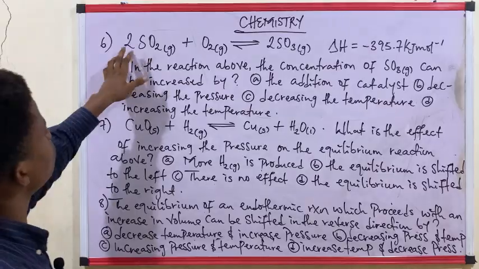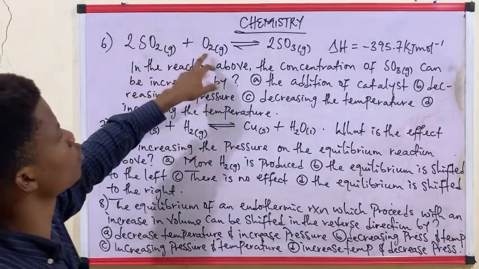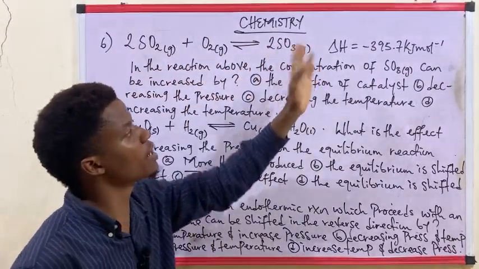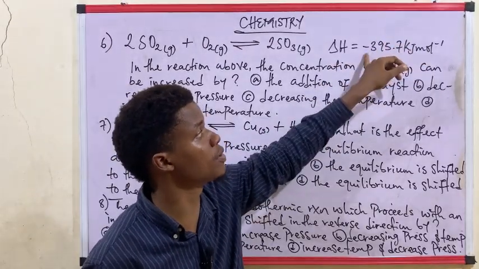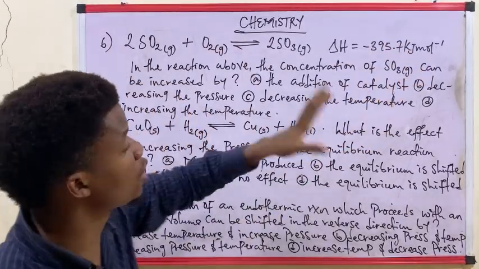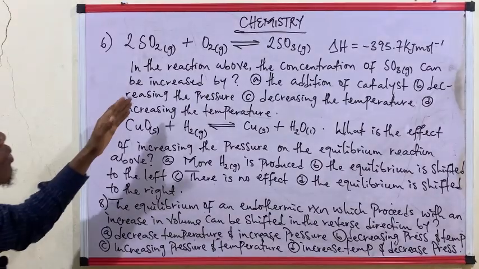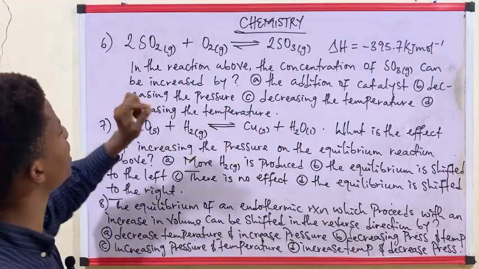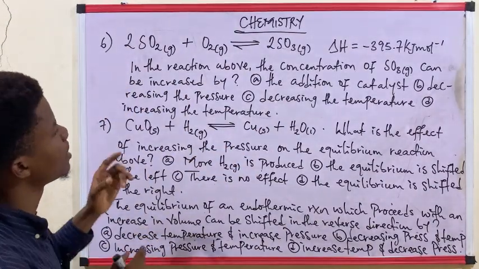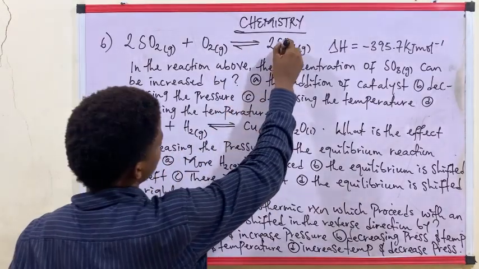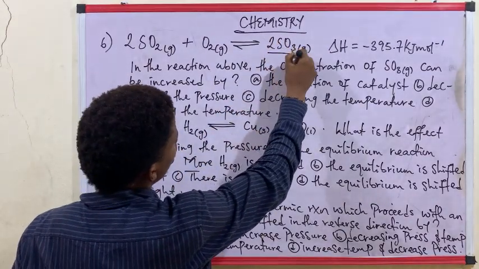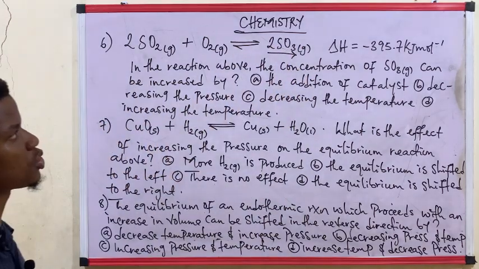The next question, question 6. We have 2SO2 gas plus O2 gas to give 2SO3 gas. Delta H is -395.7 kilojoules per mole. In the reaction above, the concentration of SO3 gas can be increased by, so how do we increase the concentration of SO3? That means how do we favor the forward direction?